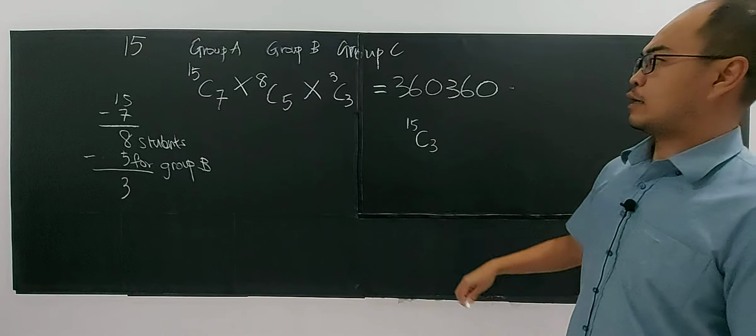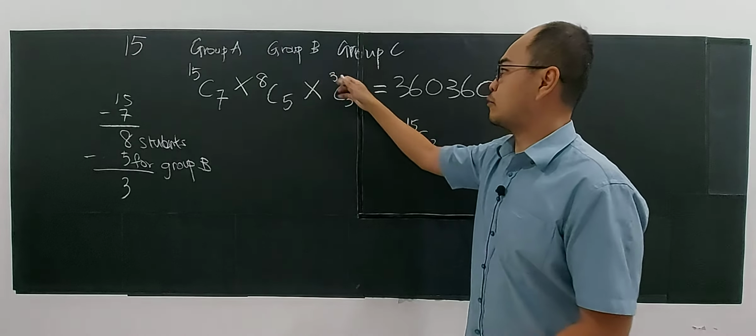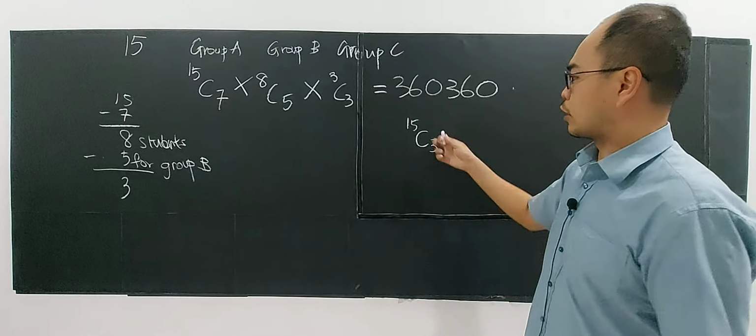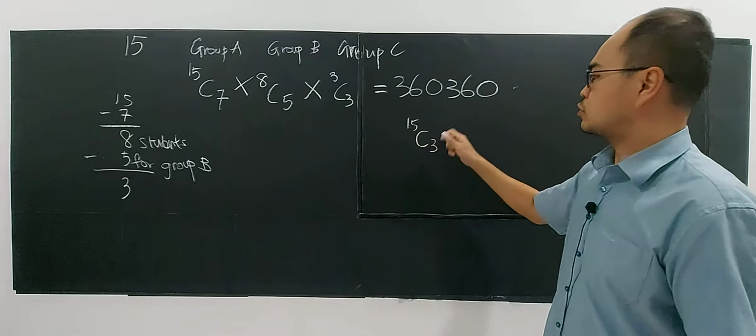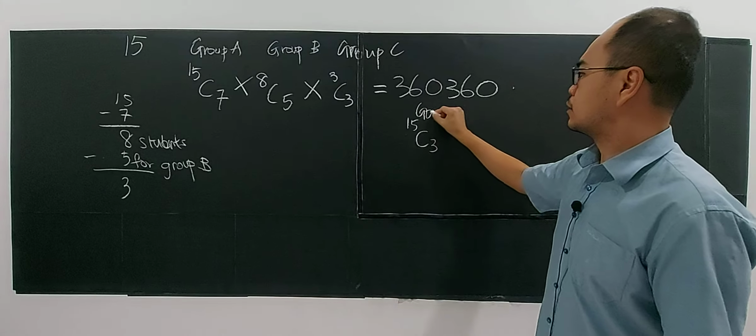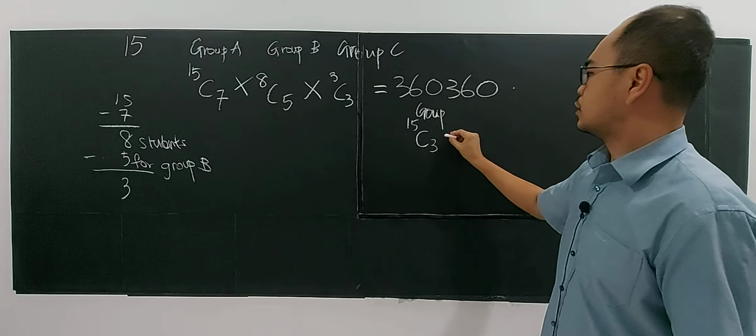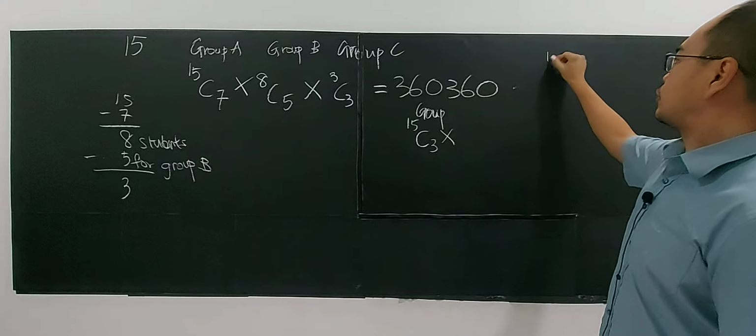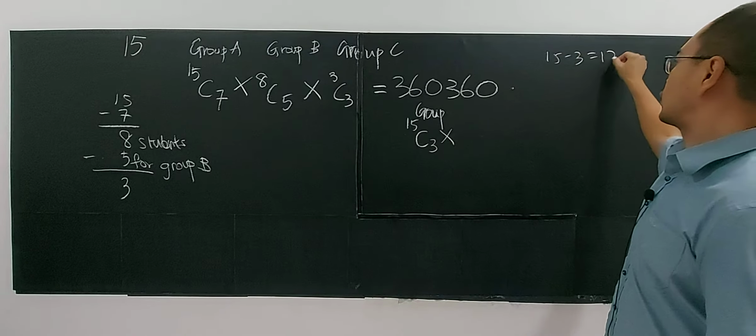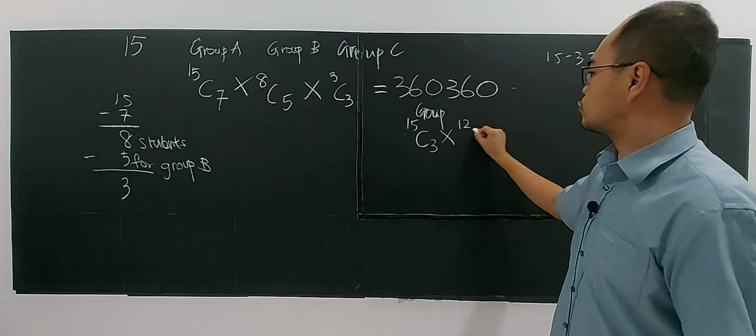I form group C first. Later, after 15 minus 3, I still have 12 students.